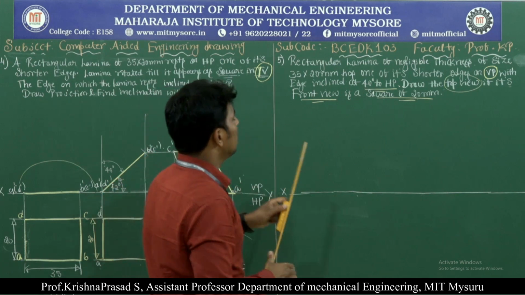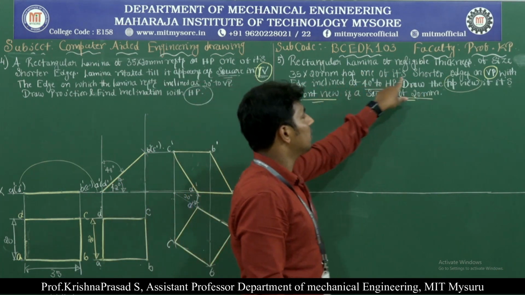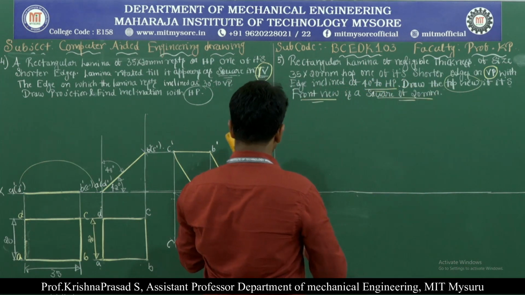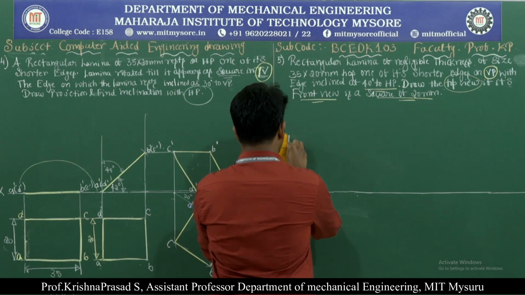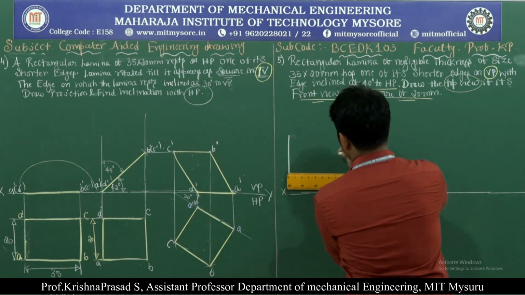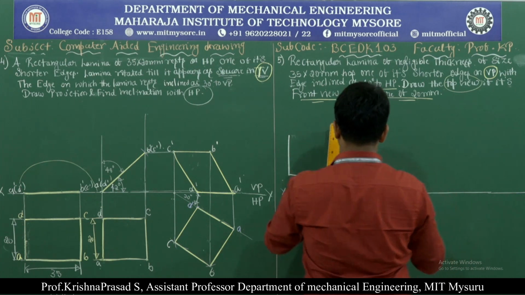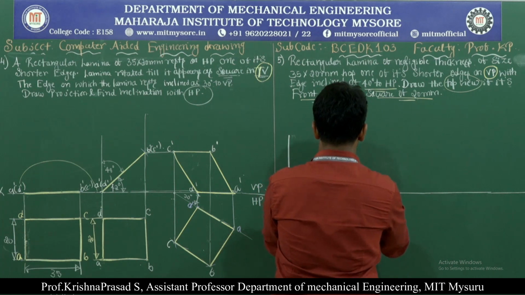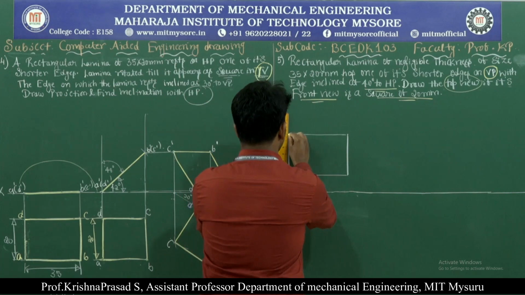Again, rectangular lamina, negligible thickness, size 35 into 25 mm, with one of its shorter edges resting on VP. That means the 20 mm dimension and the 35 mm dimension are in the opposite position. Complete the figure and later darken it.